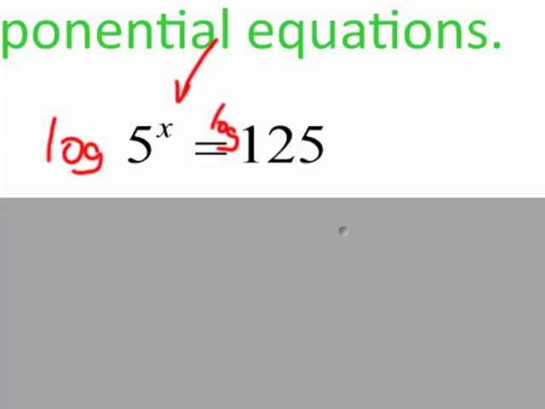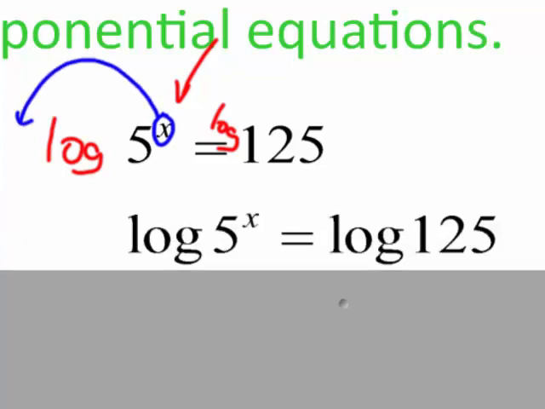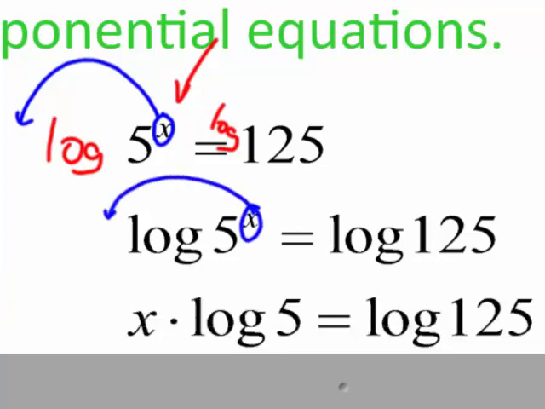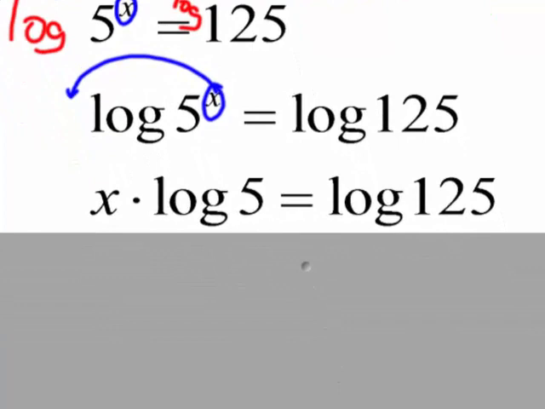My property is, if I take the log of a power, what can I do with the exponent? It comes out front and gets multiplied. So now this x will come out front and get multiplied by the log of 5. Whenever you take a log and it has a number with an exponent, the exponent gets to come out front and get multiplied. That's one of our main properties. We've got to get that one down. That's the newest one.